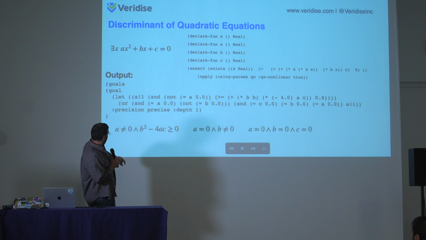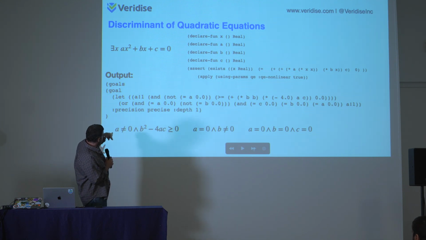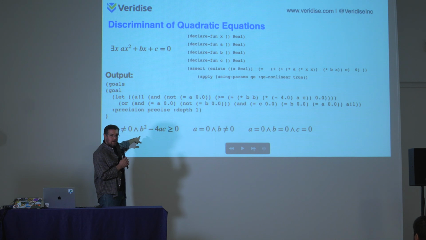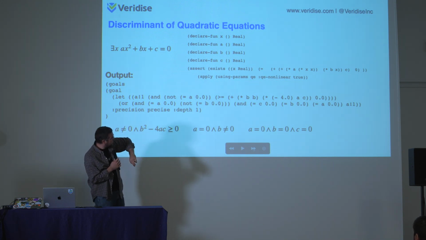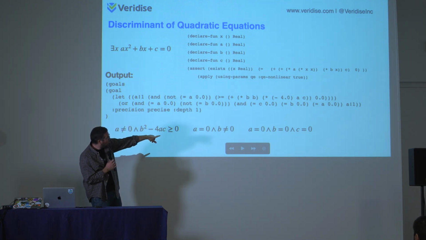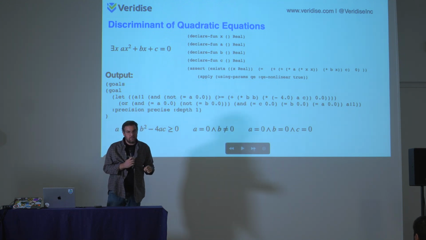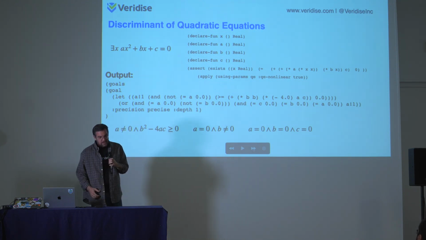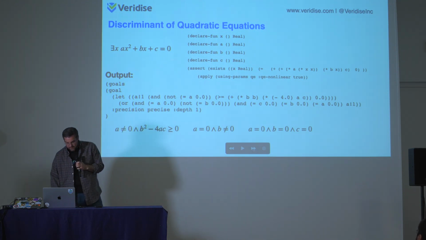If you run it, it will tell you at the end, you either want that A is non-zero and what we define to be the discriminant to be non-negative, or A should be 0, B should be non-zero, so you should get a linear equation which is satisfiable, or all A, B, C should be 0, which allows you to rediscover this whole theory that you know.